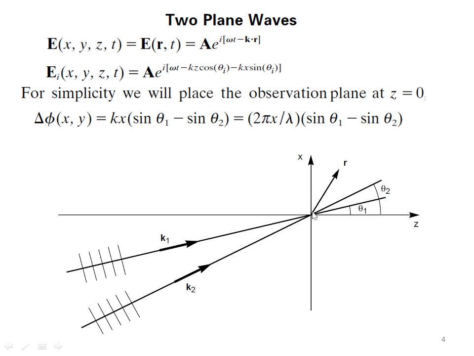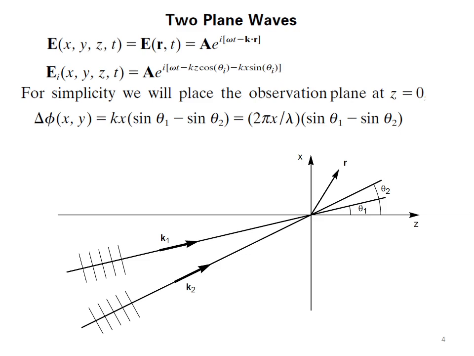So at various points on the screen, we are trying to write down the expression for electric field, and it is those two electric fields at various points of this screen which will lead to the interference effects. So E2 will be equal to, I hope you have written that, a e raised to the power iota omega t minus k x sine theta 2. So the only difference will be sine theta 2.